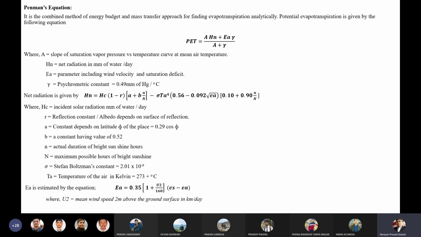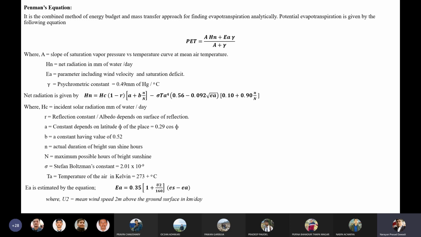And sigma is the Boltzmann constant whose value is given by 2.01 into 10 to the power minus 9. TA is the temperature of the area or air in degree Kelvin.